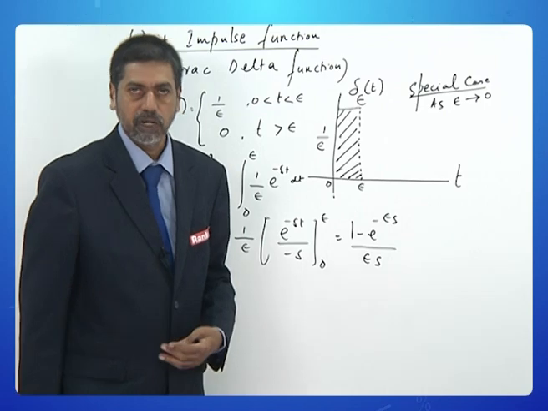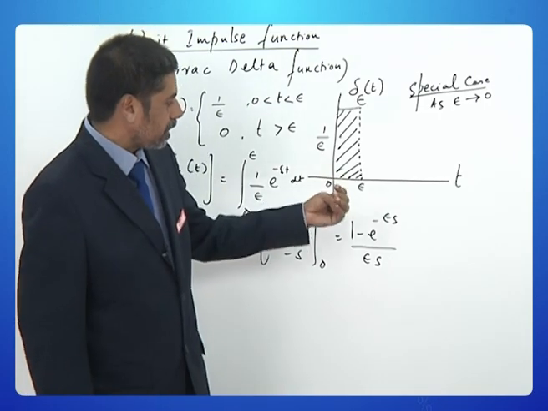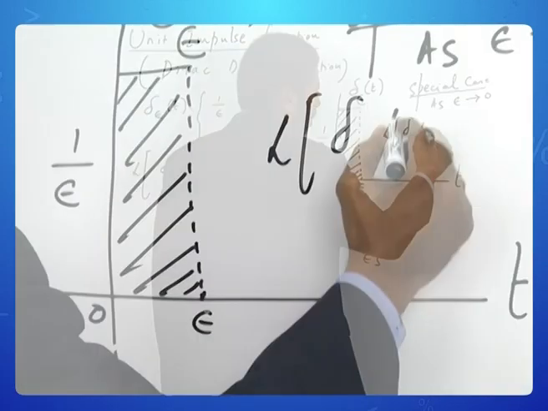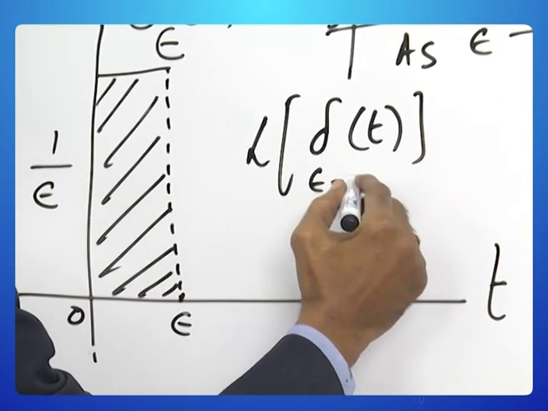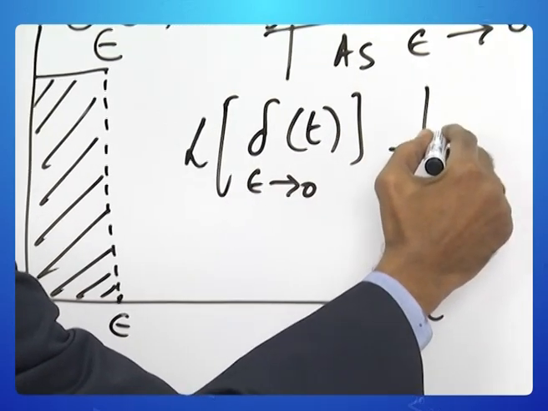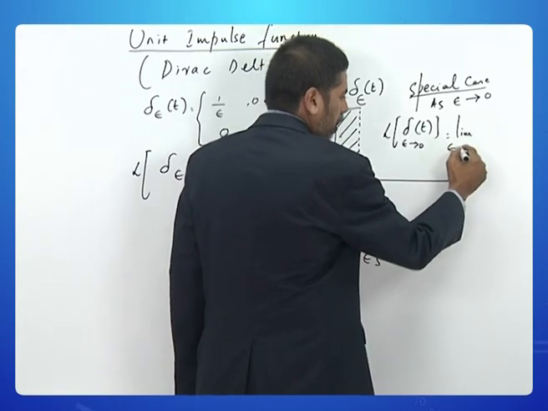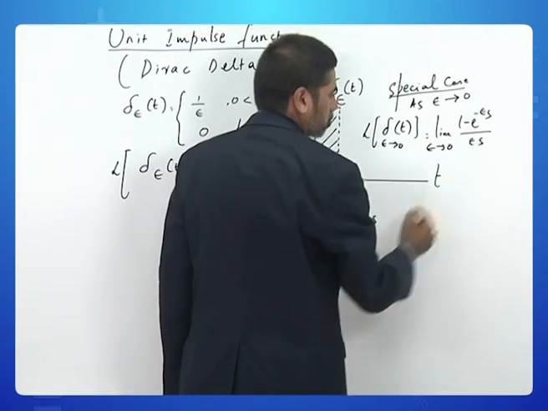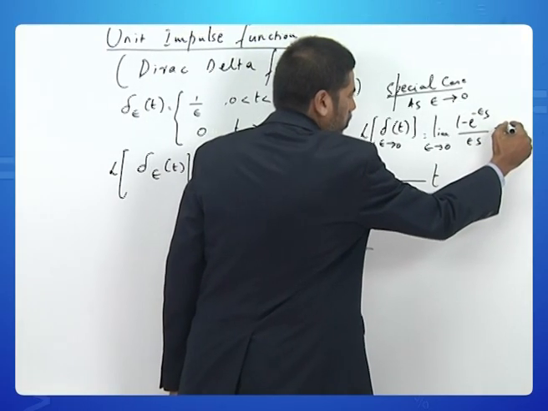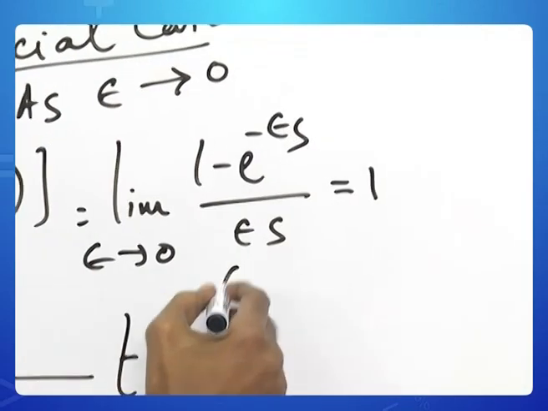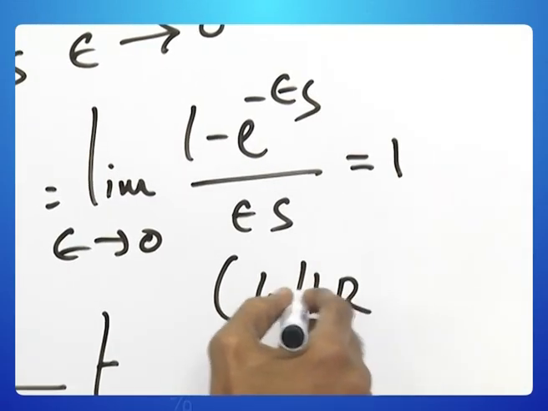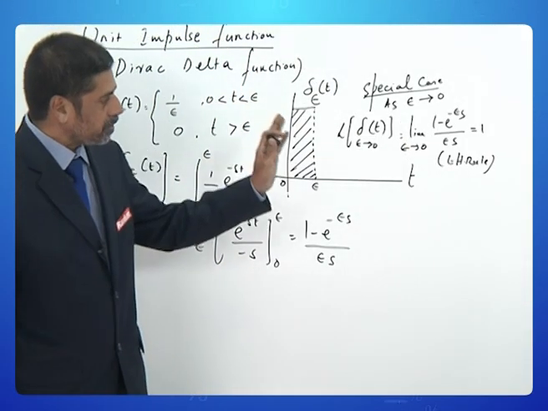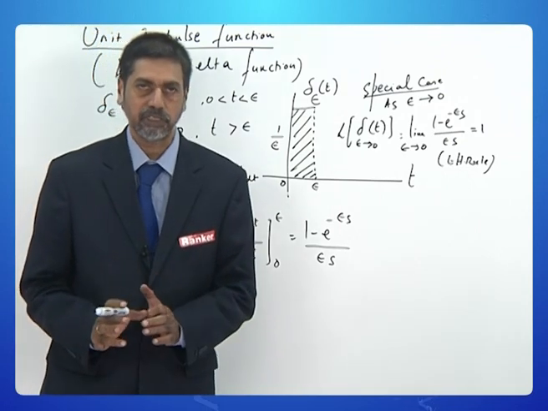All of you are familiar with L'Hospital's rule. So when you apply L'Hospital's rule on this, the Laplace transform of delta t as epsilon tends to 0 is equal to the limit as epsilon tends to 0 of (1 minus e power minus epsilon s) by epsilon s, and this will be equal to 1. I will just write for you L'Hospital's rule.